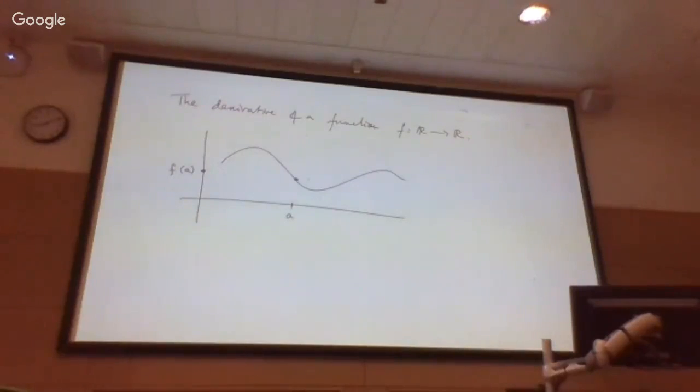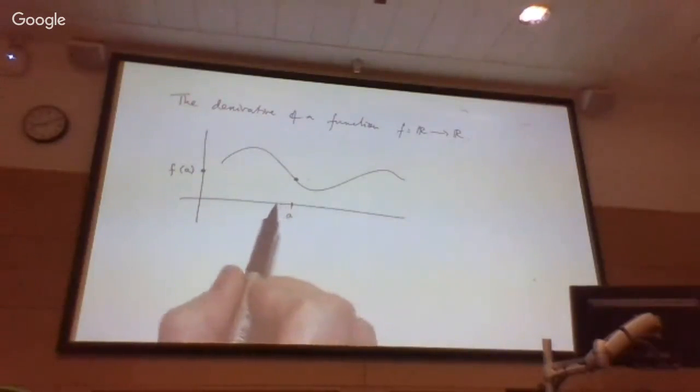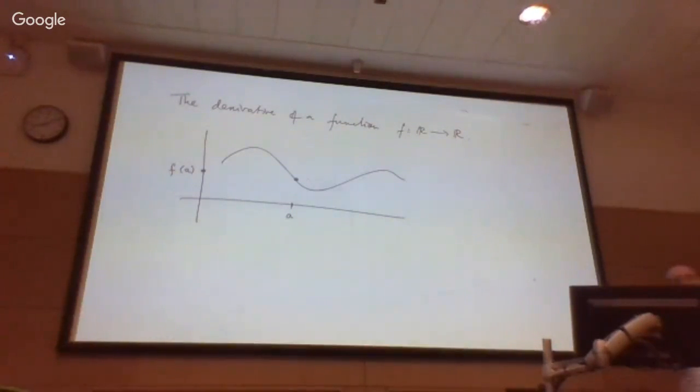Is the function increasing as you move past A from left to right, from smaller values to larger values of A? Is the function increasing? Is it decreasing? And more than that, how fast is it changing? How fast is it increasing, or how fast is it decreasing?